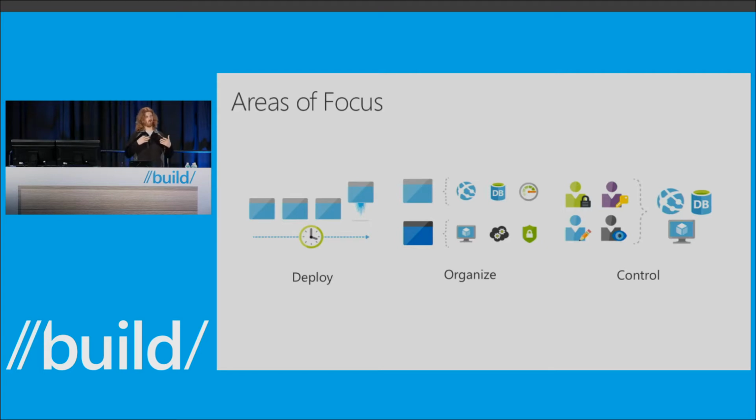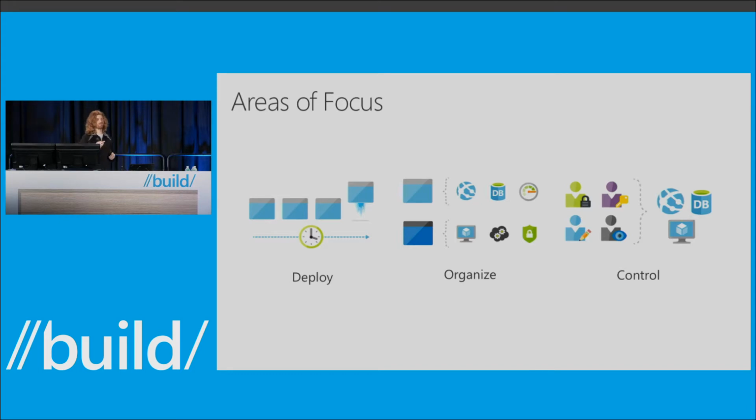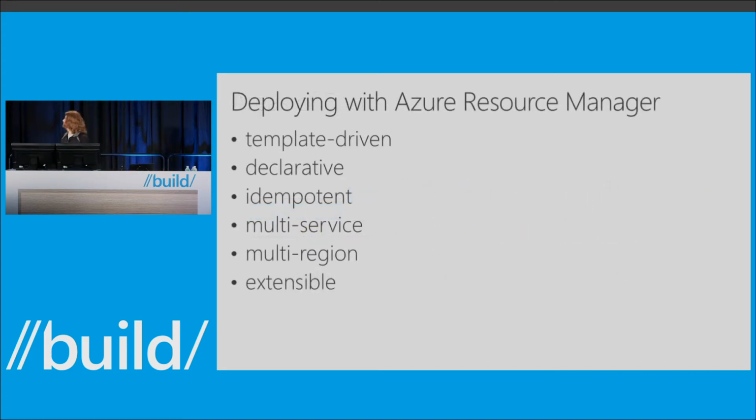We're looking to see how ARM can help you organize the resources that support your various apps. And then finally, we'll show how Resource Manager allows you to maintain control of all of those building blocks and Legos that you use to support your mission-critical applications. Cool? So, with no further hesitation, let's dig into deploying with Azure Resource Manager.